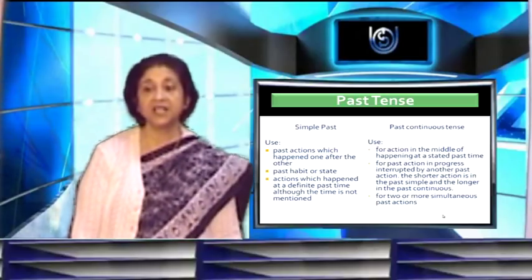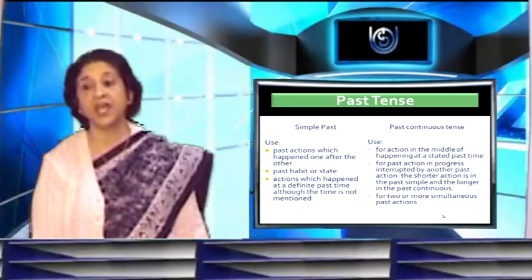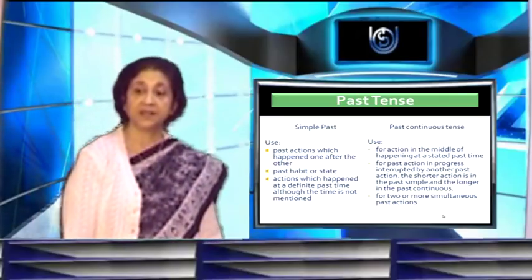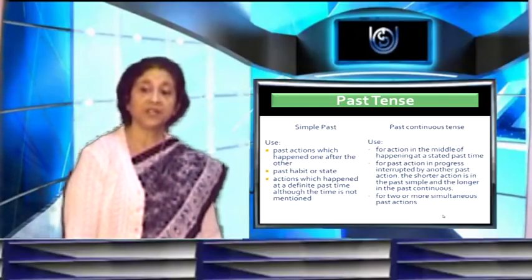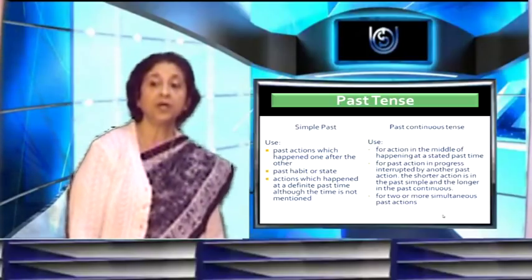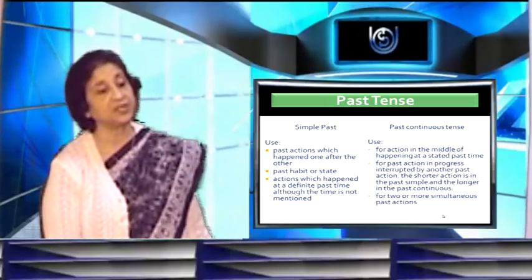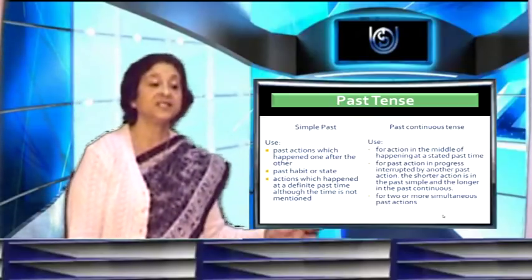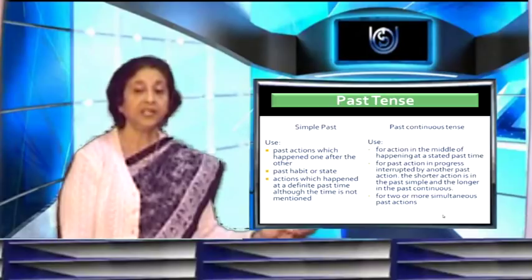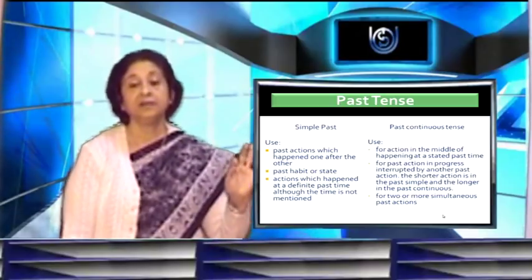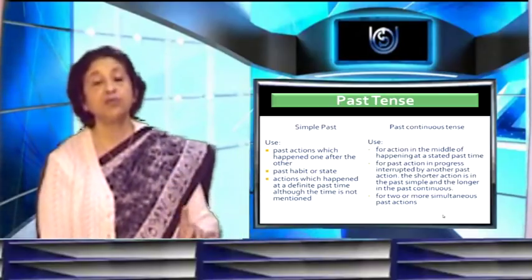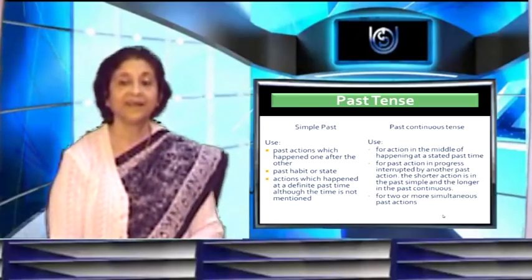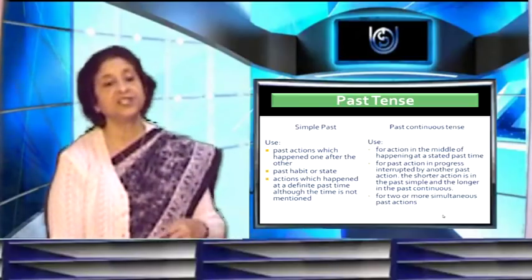Past continuous tense is for an action in the middle of happening at a stated time in the past, for a past action in progress, for two or more simultaneous past actions. In the past it was going on. Then it is past continuous tense. It was raining yesterday continuously.